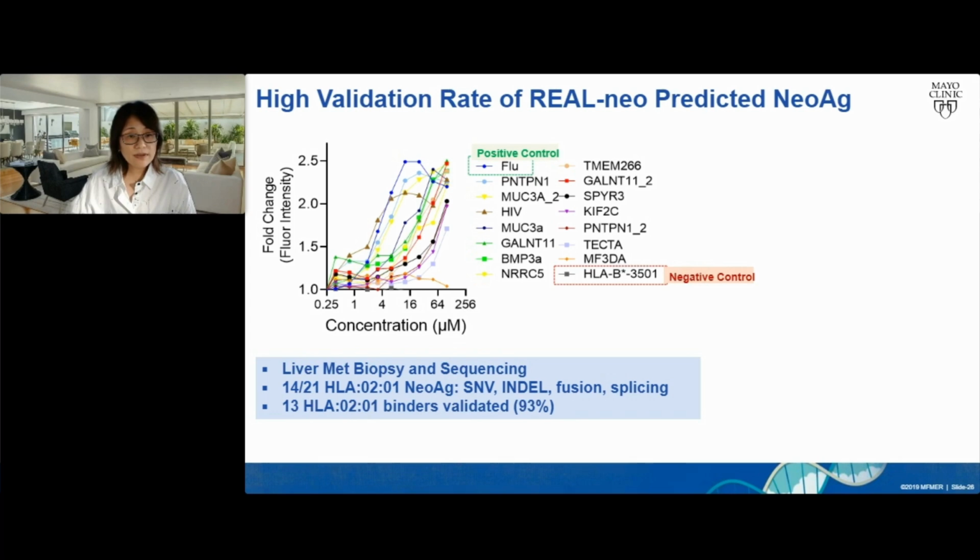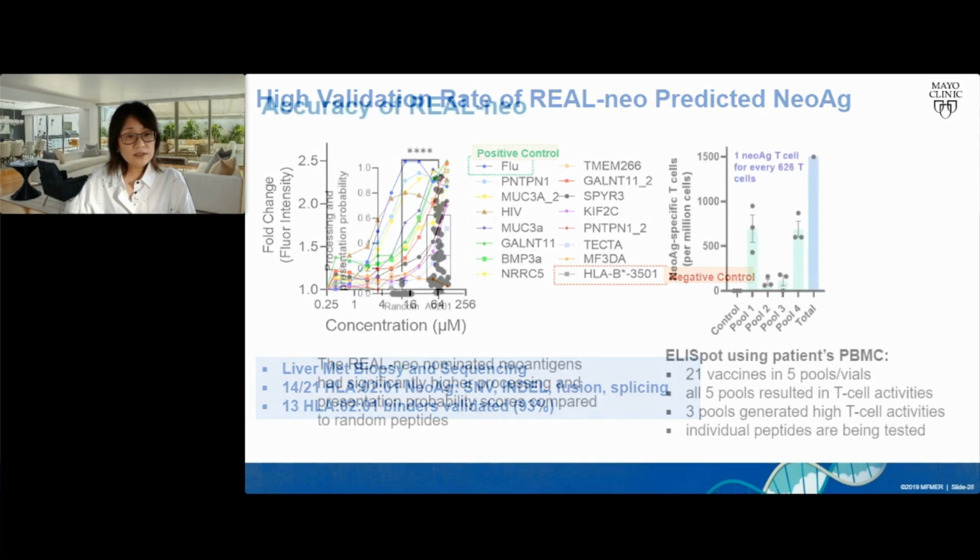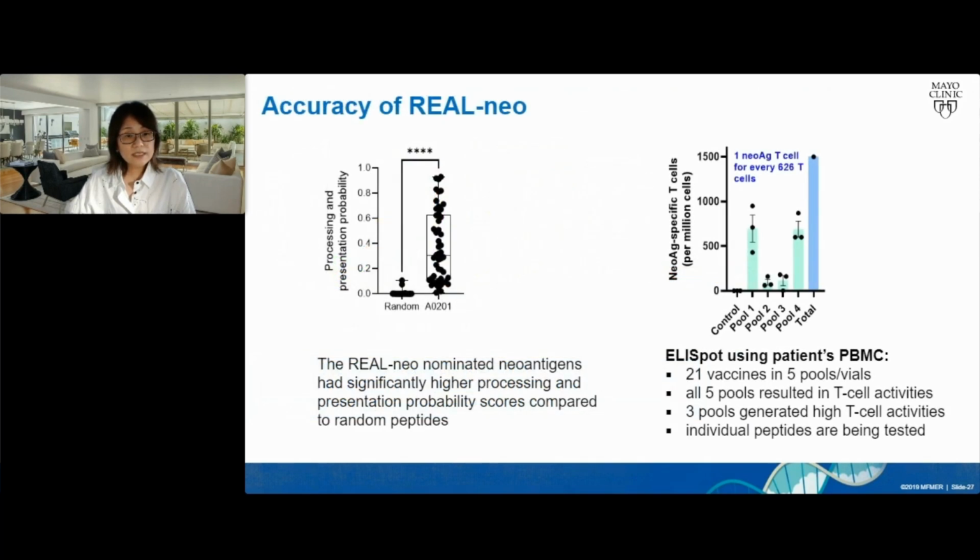We were able to validate in the lab 13 out of the 14 nominated neoantigens, which is a 93% validation rate. In addition, the RealNeo-nominated neoantigens had significantly higher processing and presentation probability scores compared to the random peptides, as shown in the left.